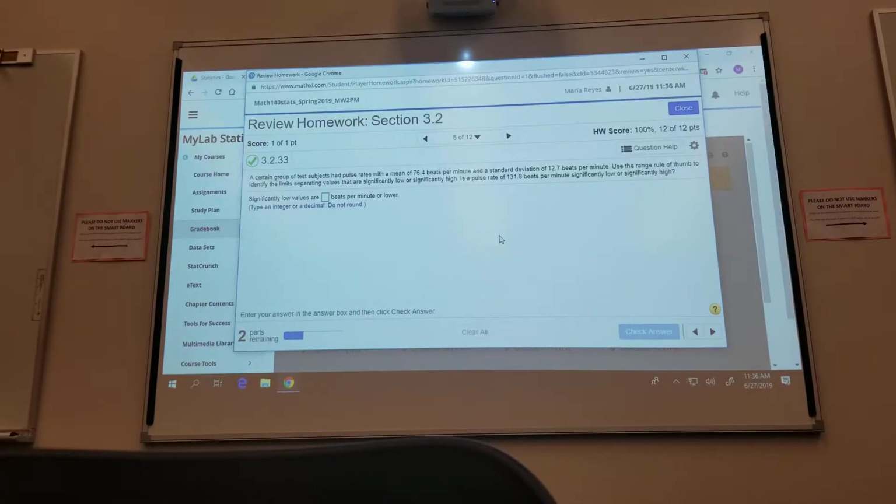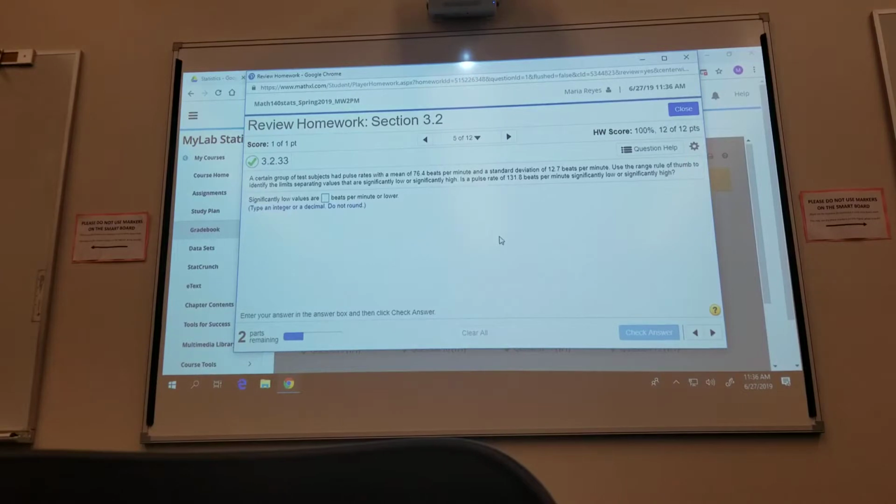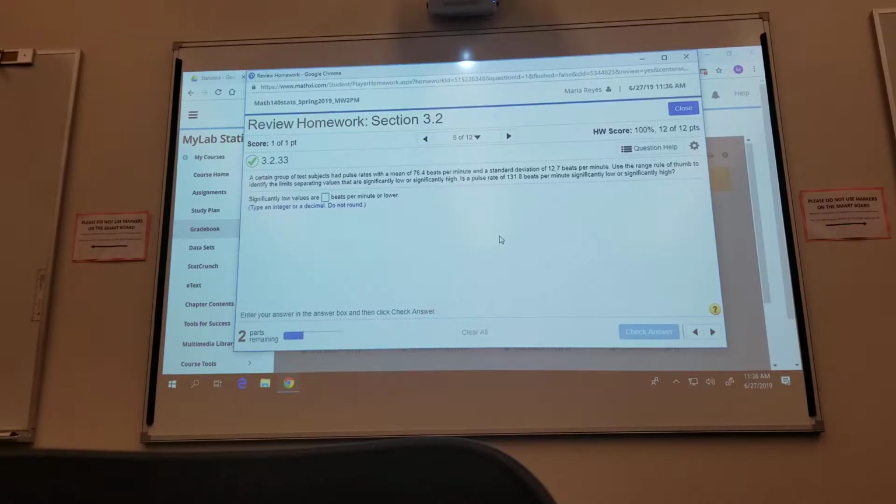Do you guys remember what we are looking for here? Range. So we're trying to find significantly low values, at least right now. We're finding the usual value.